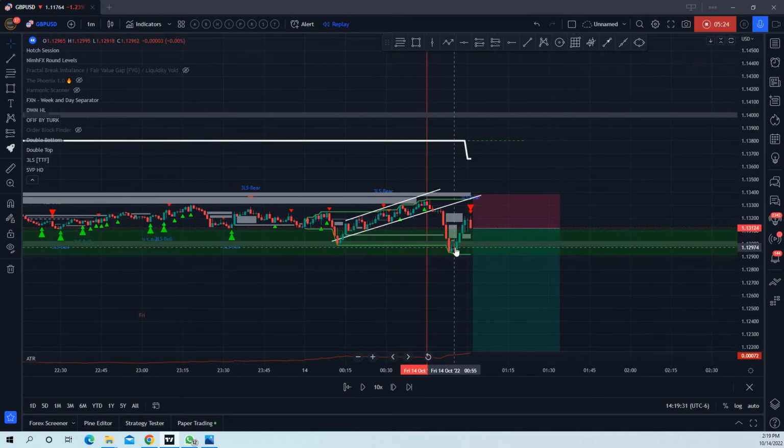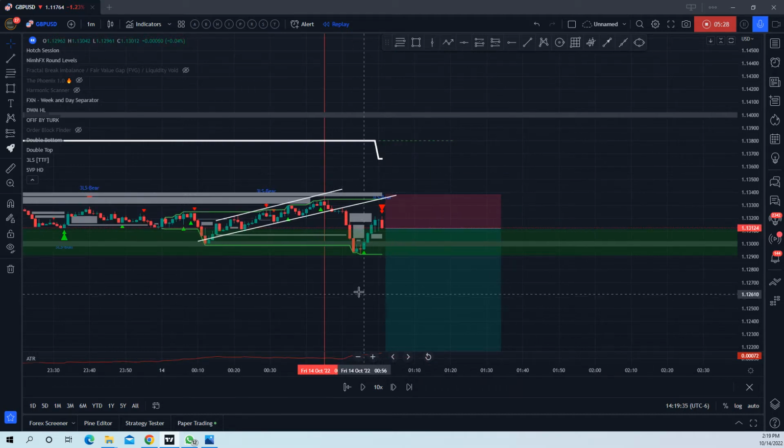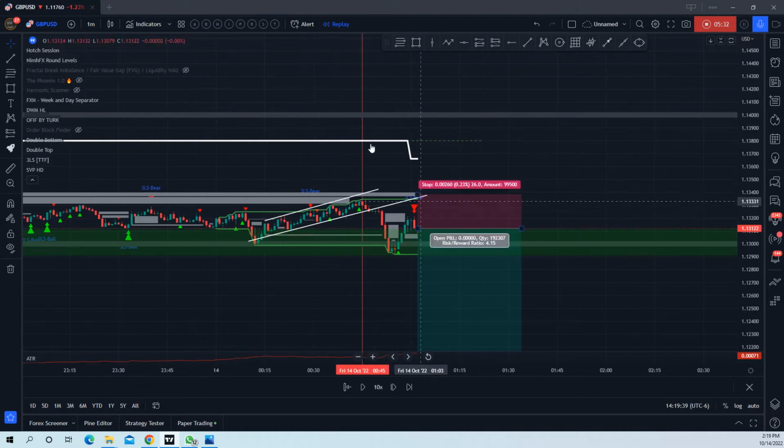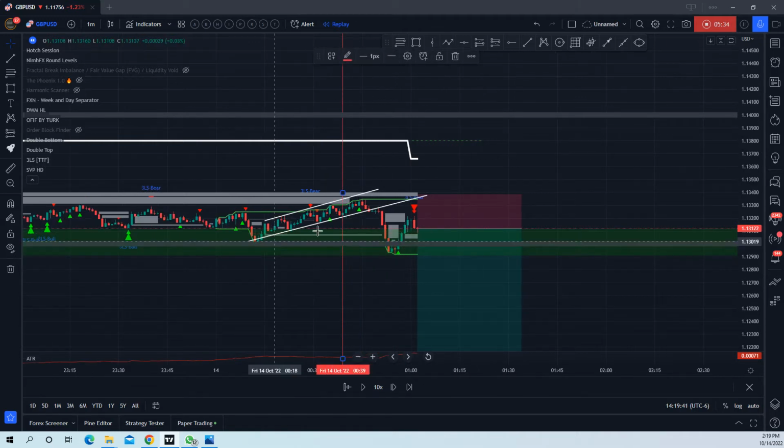So we've got this really strong bear candle. We've come into the structure of this breakout, right?